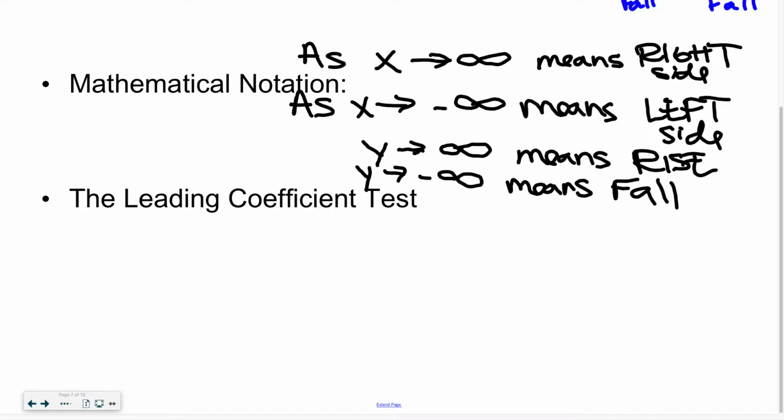But what we want to know is how can we tell the end behavior without looking at a graph? What if we're looking at the equation? So that's what the leading coefficient test does. For the leading coefficient, you're going to do right side first, as x approaches infinity.